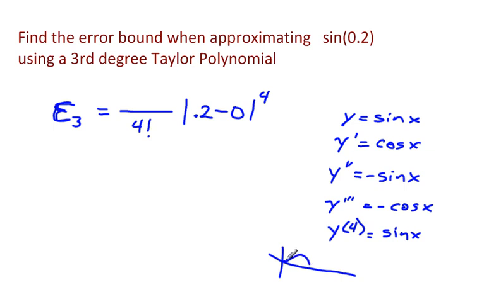My derivative at 0 versus my derivative at 0.2, this is increasing, so I'm going to have a much higher derivative at 0.2. So the sine of 0.2 becomes my M, and now it's just a matter of putting it in my calculator and getting an answer. Just remember that oftentimes on the AP, they're not going to make you go through finding all those derivatives. They're actually going to just tell you what that value of M is.